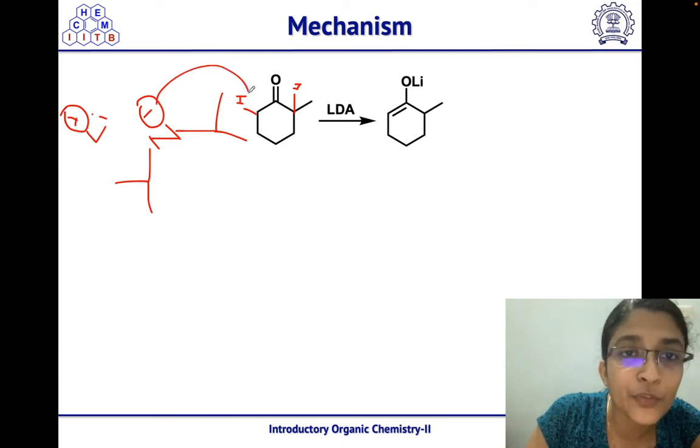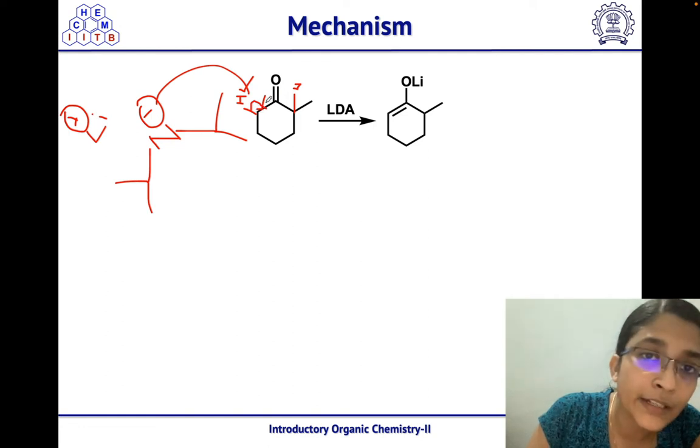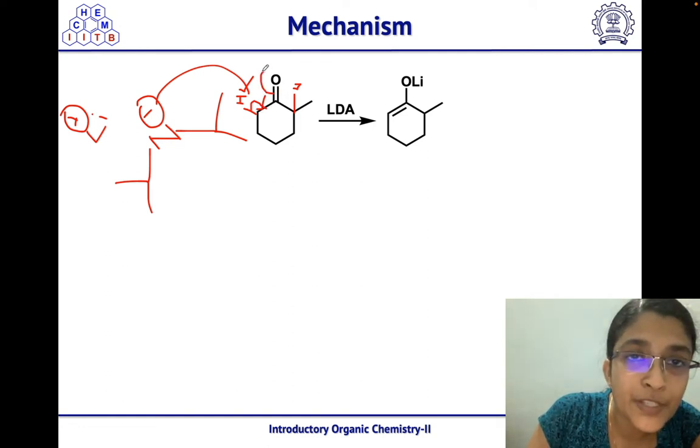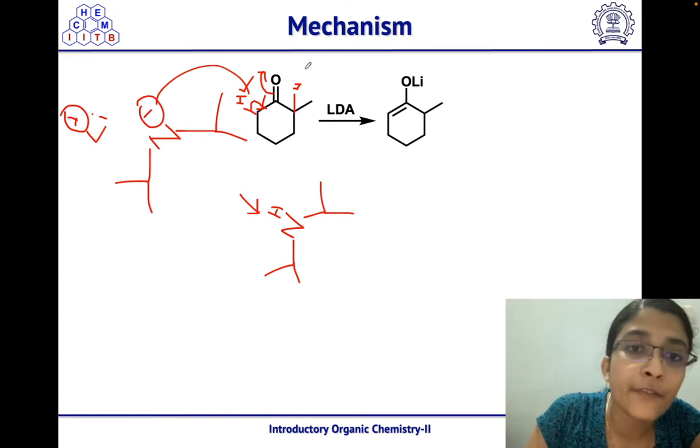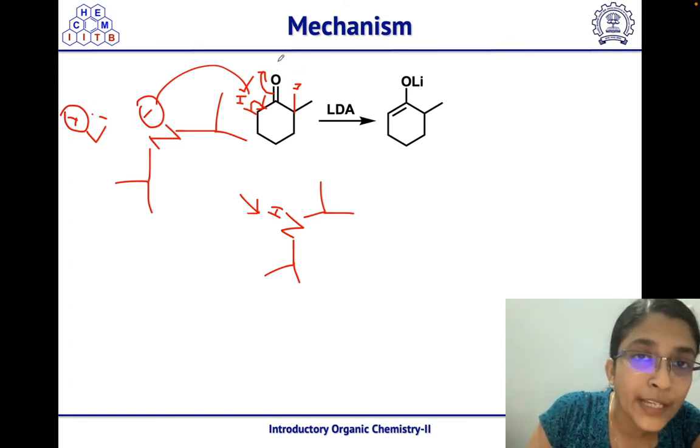So it will abstract proton from this side, and here a double bond will be forming, and this carbon-oxygen double bond will break, and here there will be O minus. Since LDA is abstracting the proton here, it will lead to formation of diisopropyl amine, and this Li plus will neutralize this O minus.